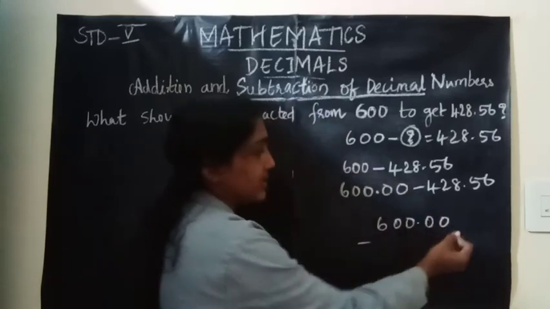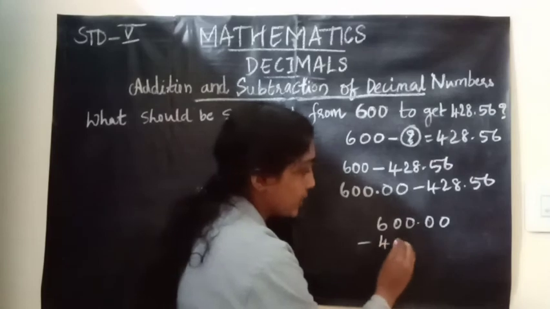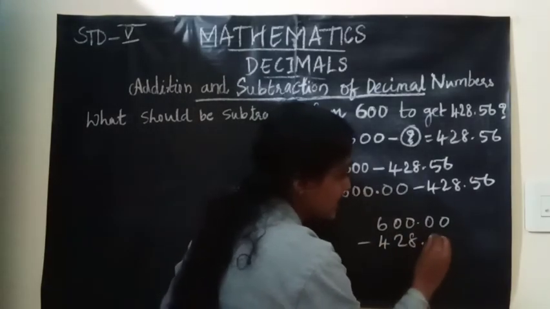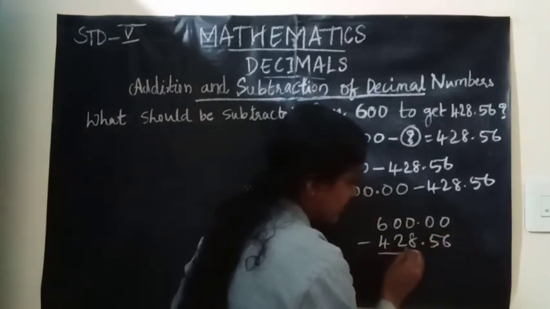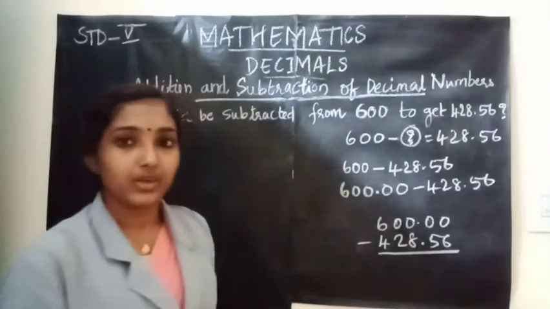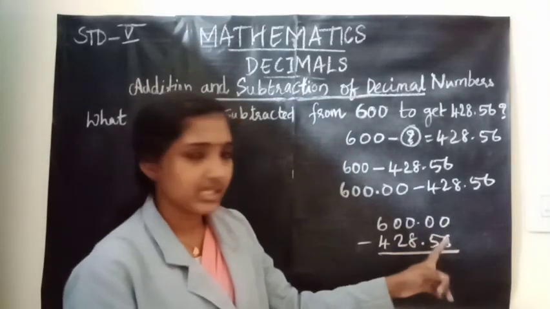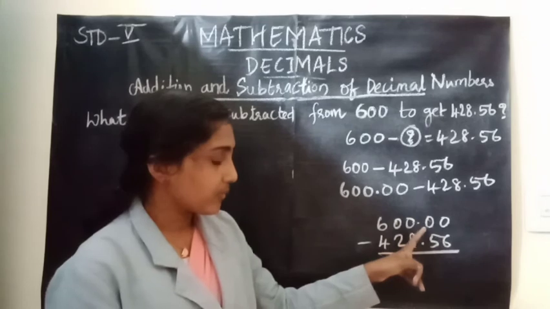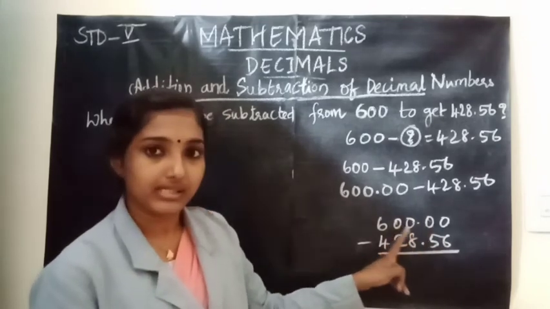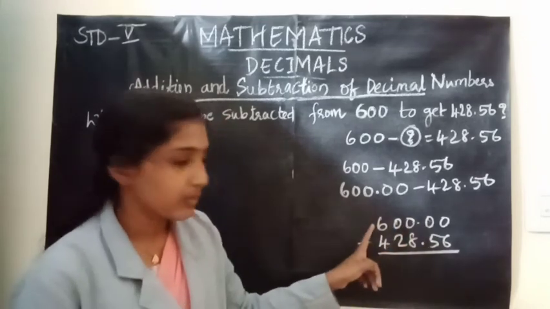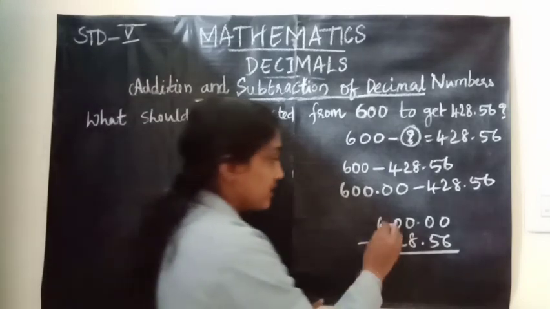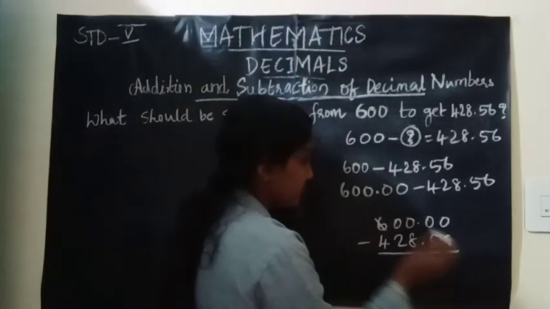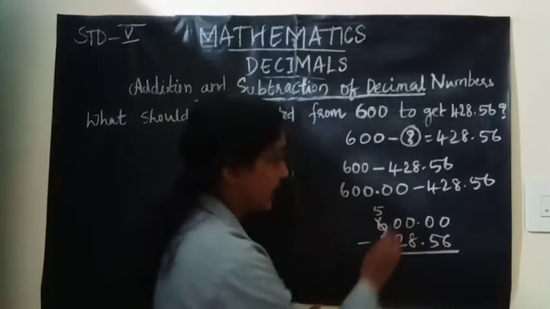So 600.00 minus 428.56. Doing the subtraction, 0 minus 6 is not possible. On borrowing, looking to the other 3 places, 0 is there. So we borrow from 6. 6 will be changed to 5.